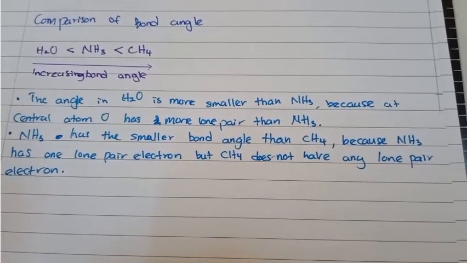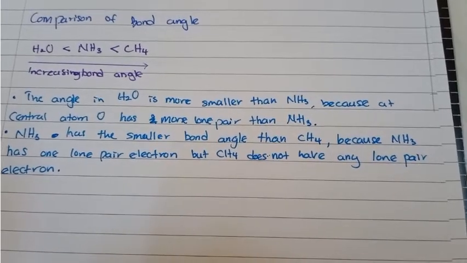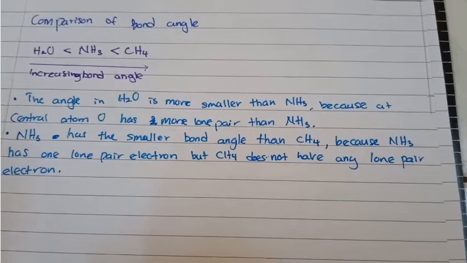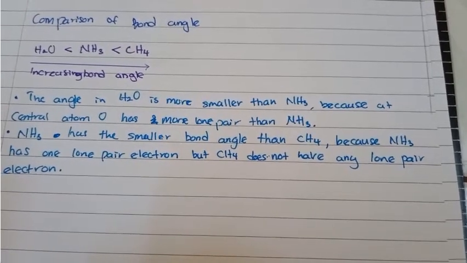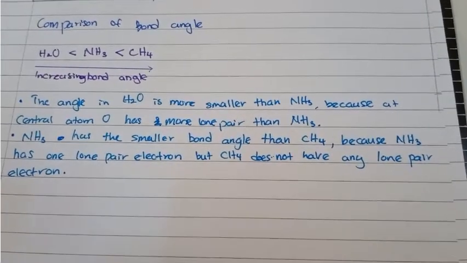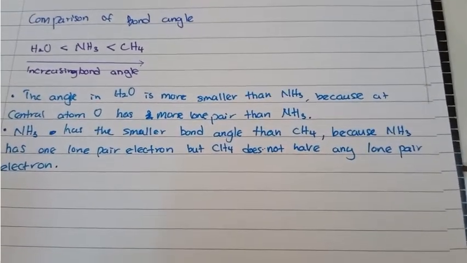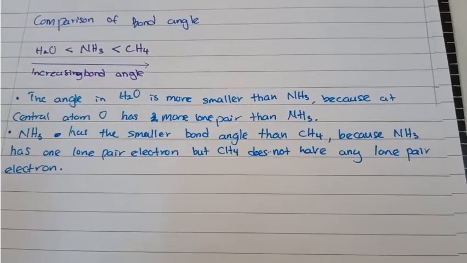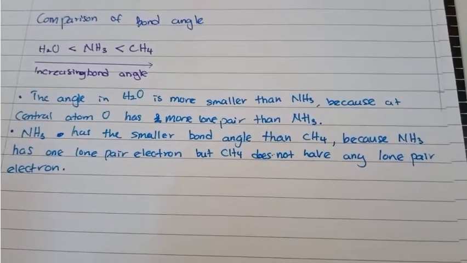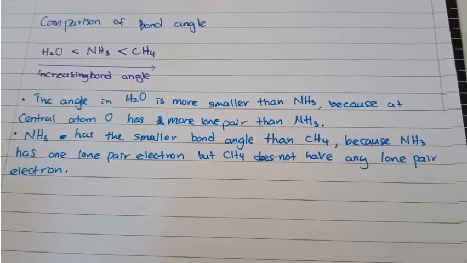Next, we go to the conclusion, comparison of bond angle. In order of increasing bond angle, H2O is smaller than NH3, and NH3 is smaller than CH4. Why? The angle in H2O is smaller than NH3 because the central atom, oxygen, has more lone pair electrons than NH3.